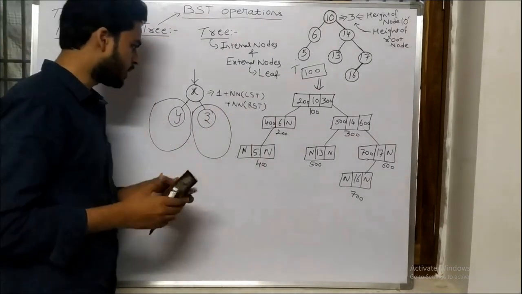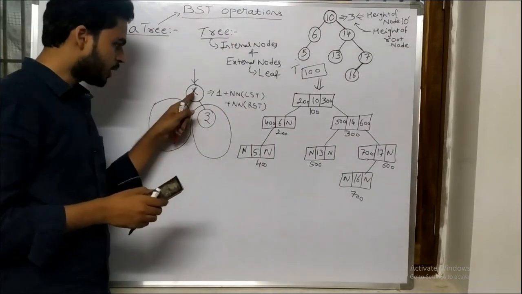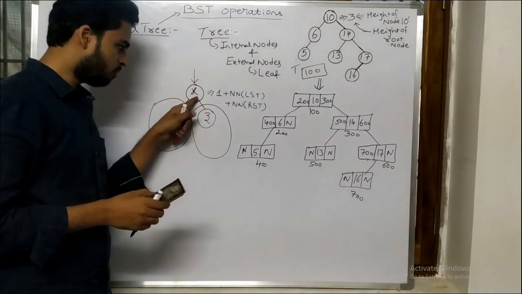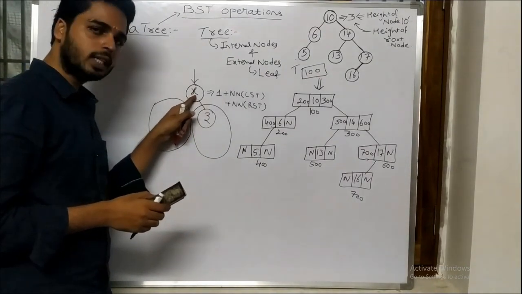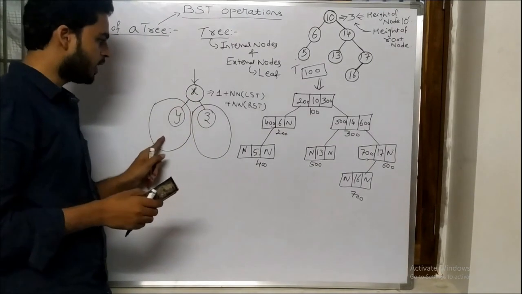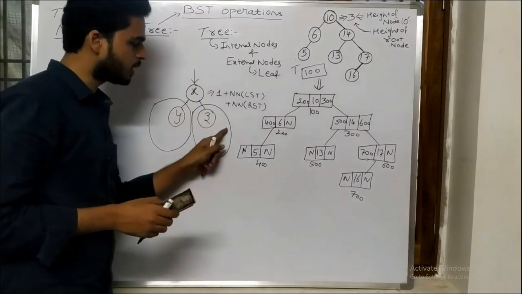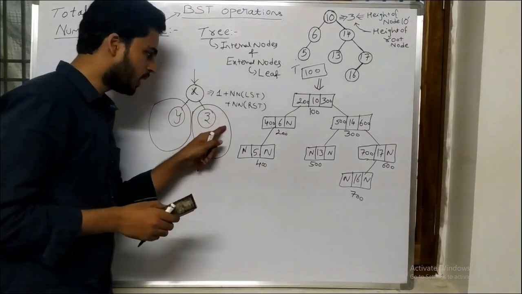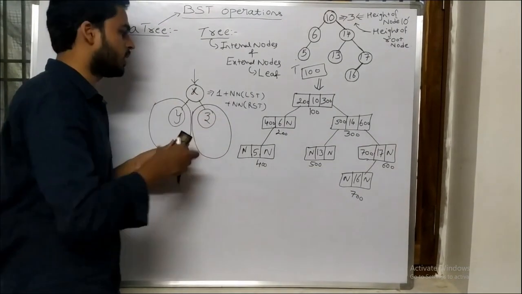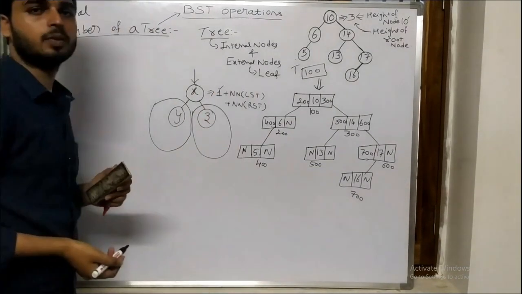With respect to this node x, to find the total number of nodes in a tree, I need to first calculate the total number of nodes in the left subtree and in the right subtree. In addition to that, I need to add its corresponding node count, that is 1. So that is the reason I am writing 1 here.